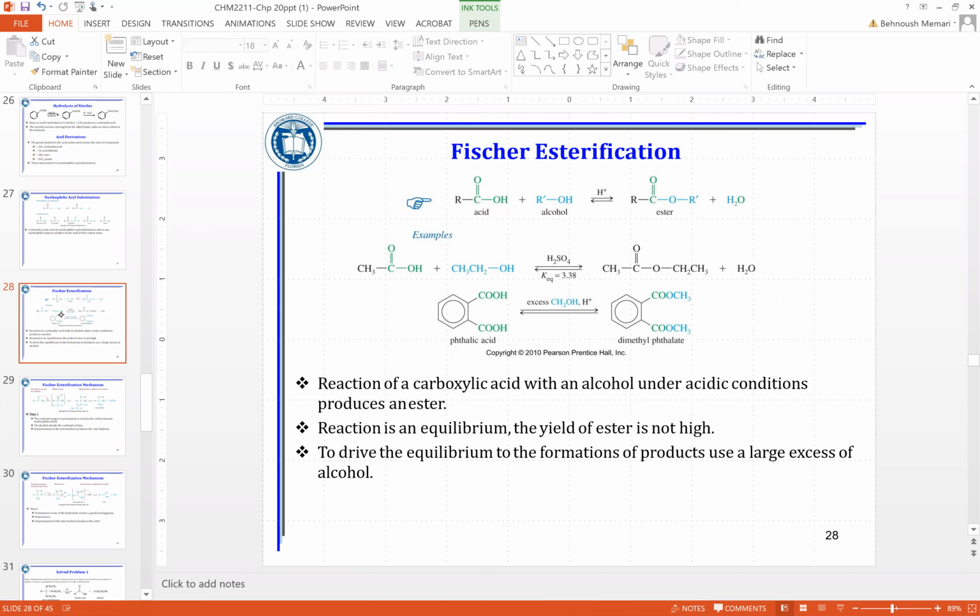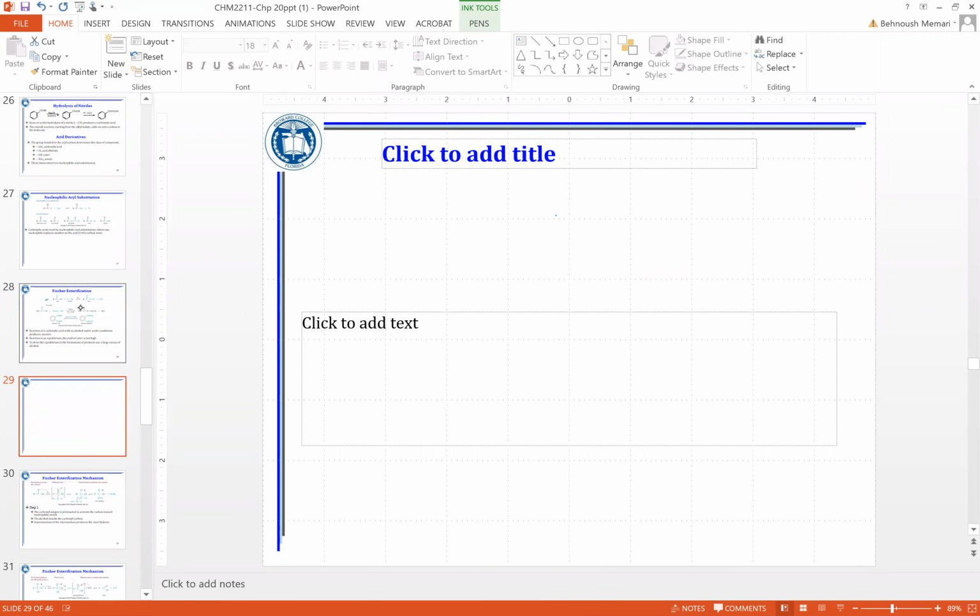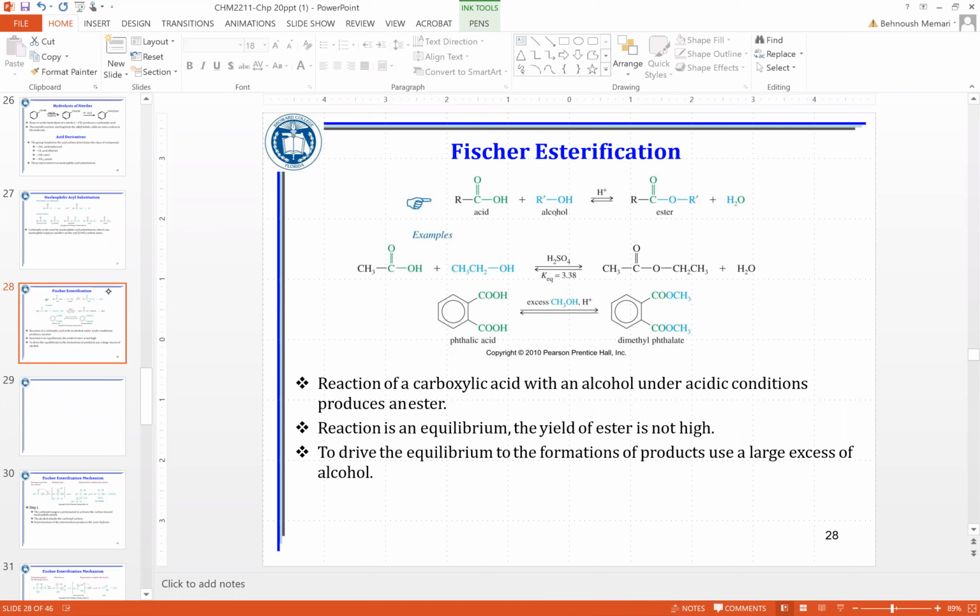To prepare esters, you can mix acid plus alcohol, or acid derivative plus alcohol. So if you were going to make an ester, you can add carboxylic acid plus alcohol. You have this general reaction here. It's a substitution type reaction. Alcohol is going to be the nucleophile.